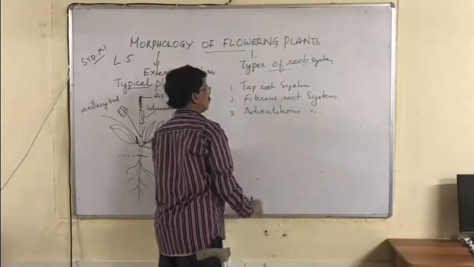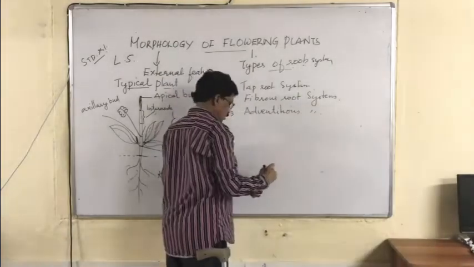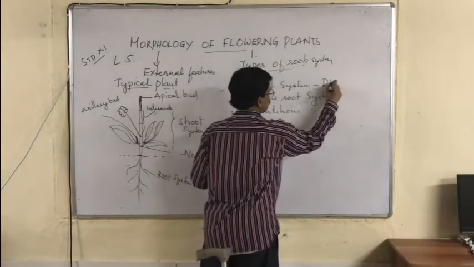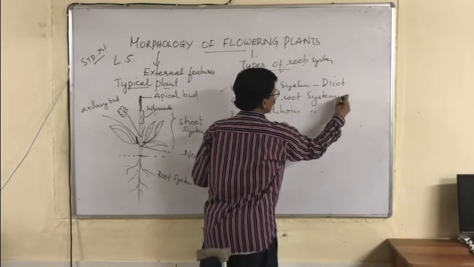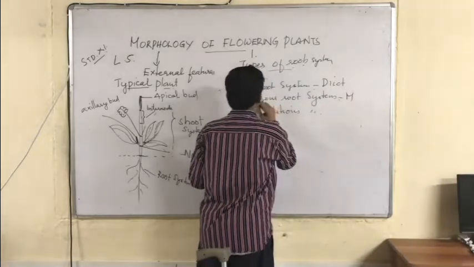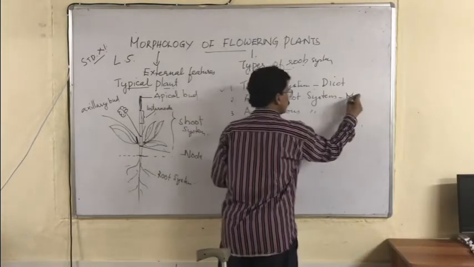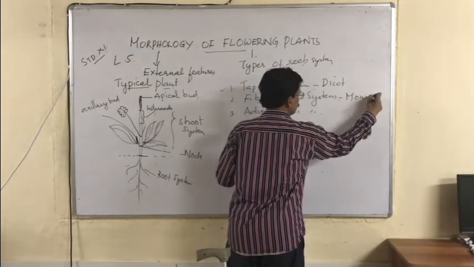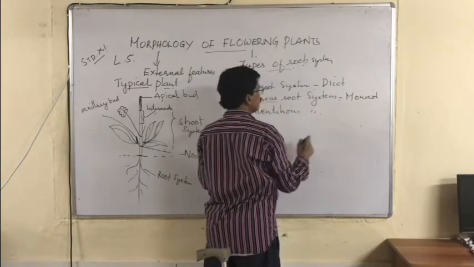The taproot system is a characteristic feature of dicot plants, and the fibrous root system is the characteristic feature of monocot plants. Adventitious roots may occur in both.